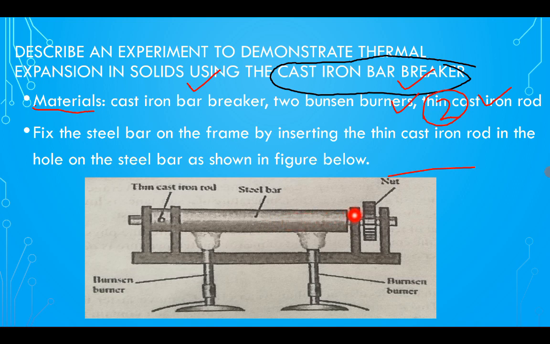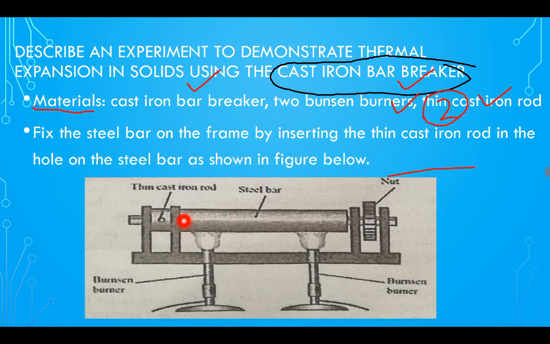You tighten the nut there, and the other end has a hole through which cast iron is inserted.